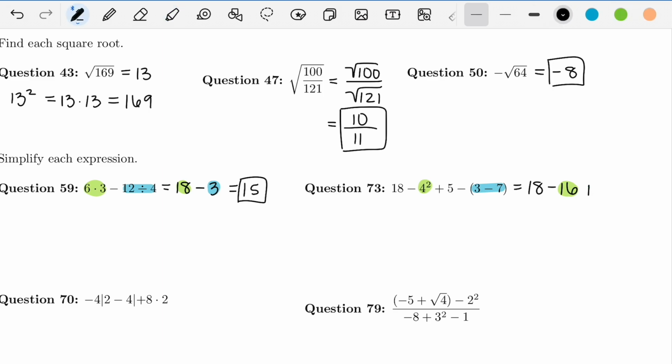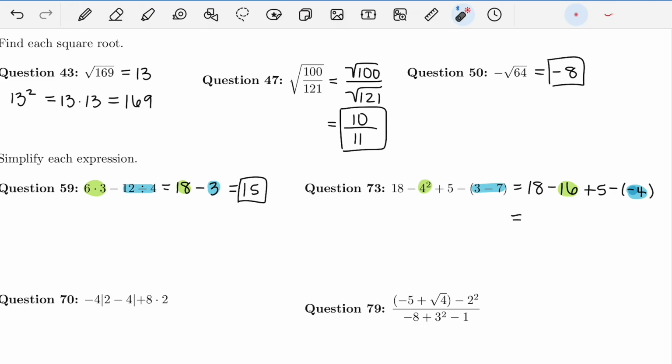We're not going to do anything with our plus 5 yet, because the next thing we need to do is work with our parentheses. Now within our parentheses, we have 3 minus 7, and this will give us a negative 4. And so I'm just keeping the parentheses here because we're dealing with a minus negative 4, just to emphasize that step. Now, all we really have here is just addition and subtraction.